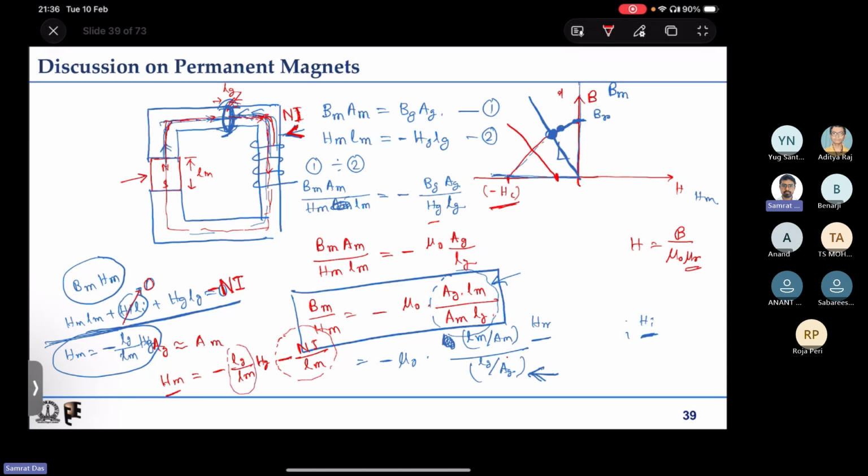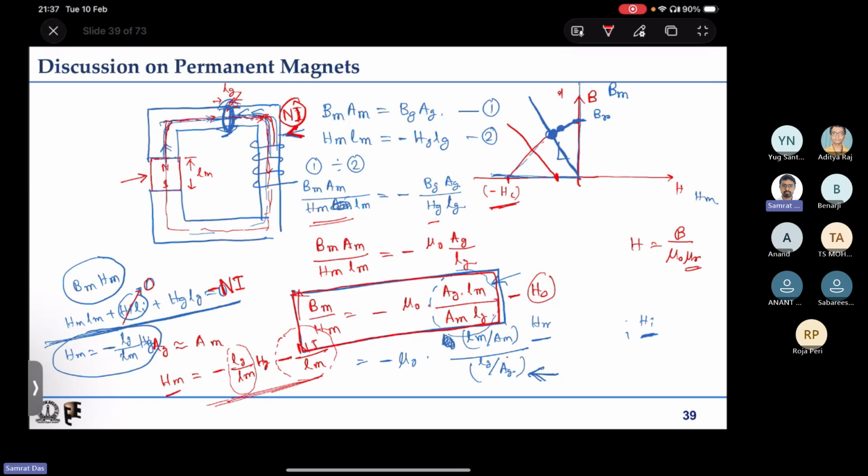We have to do this math whatever I have done; if we apply this equation inside the box, you will see that there will be an additional DC term, some H0, which is related to the ampere conductors that we are putting.